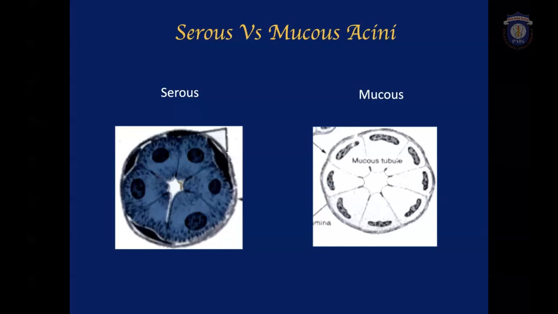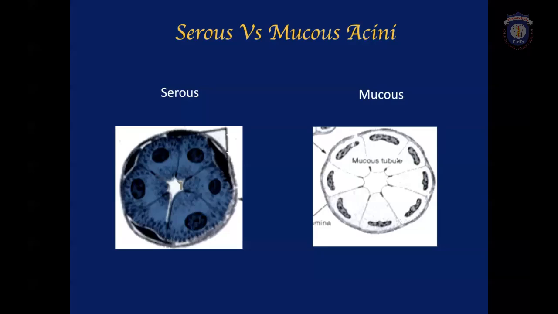So these are some of the stains which can be used specifically for carbohydrates. If you want to see specifically what content is there in these empty areas, you can put special stains like Alcian blue and PAS, and you'll be able to visualize these carbohydrates, because the H and E, or the hematoxylin and eosin, is going to be very, very pale in mucus as such.